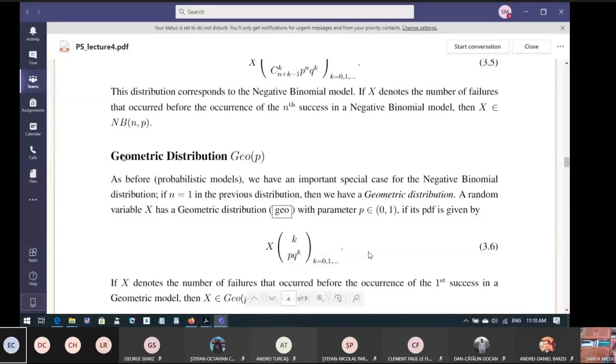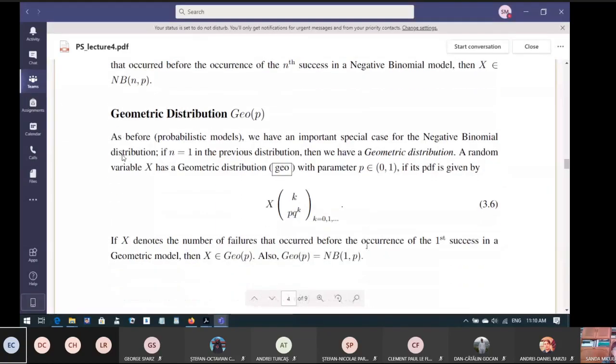Now again, we define the corresponding random variable as the number of failures that occurred before the first success in a geometric model. Again, a discrete random variable with a countably infinite set of values, starting at 0 to infinity, and the corresponding probability coming from the geometric model.